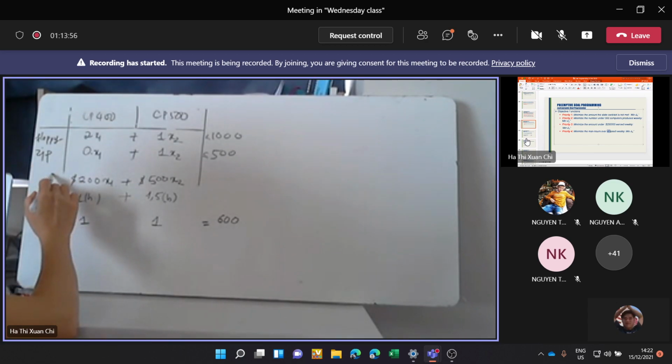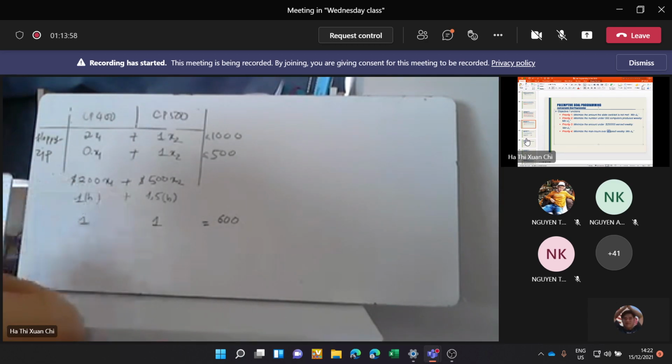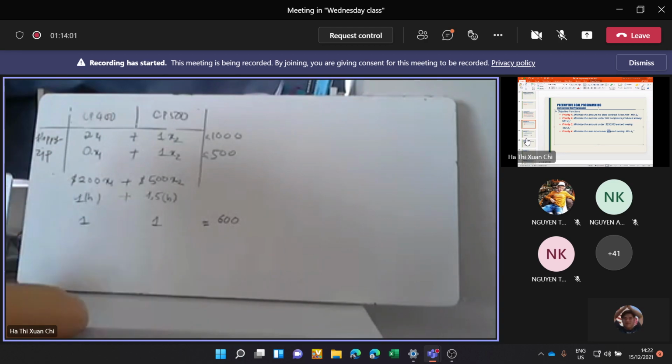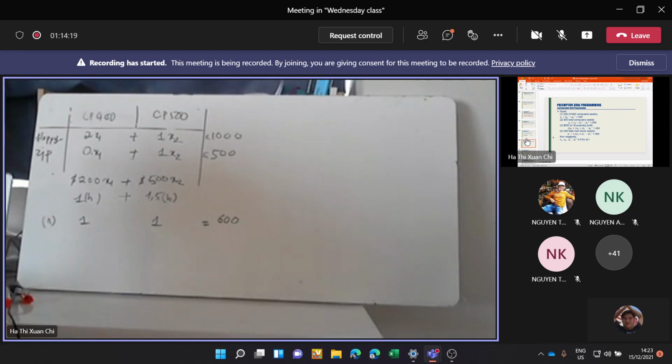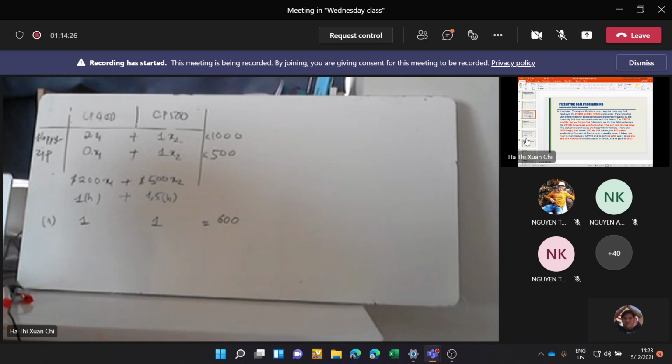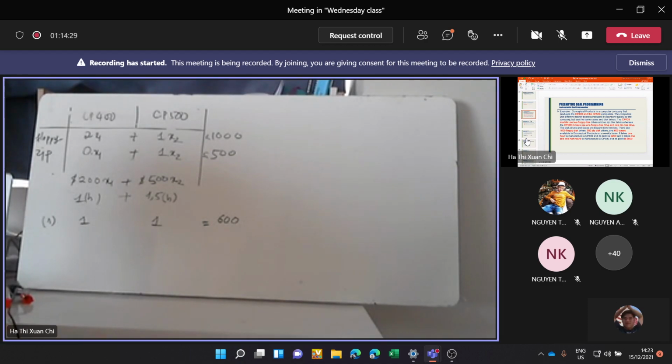That is the constraint mid. The first one. And the second one is here. And the one here is 500, right? The first one is two computer, 200. 200.